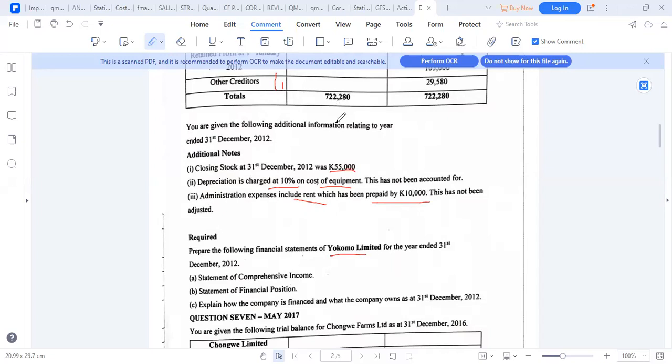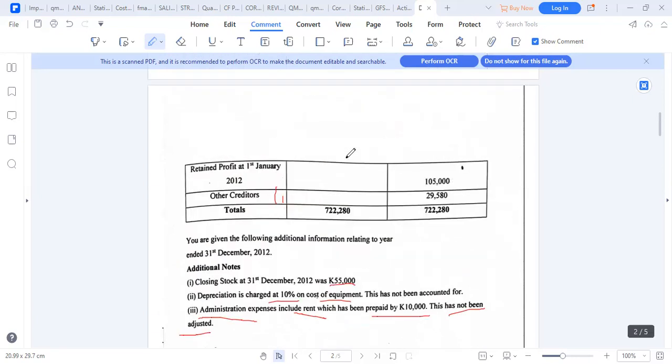So you need to adjust the admin expenses. This has never been adjusted for. So why did we overpay? We should remove amounts that we overpaid for the accounting period so that we can look at what should be there for that given period.